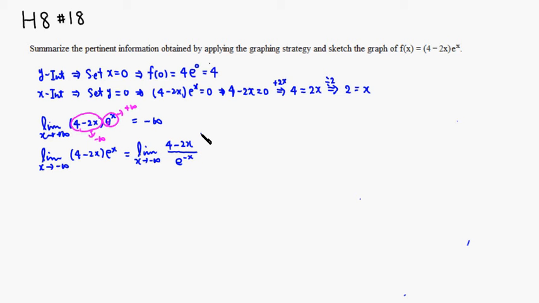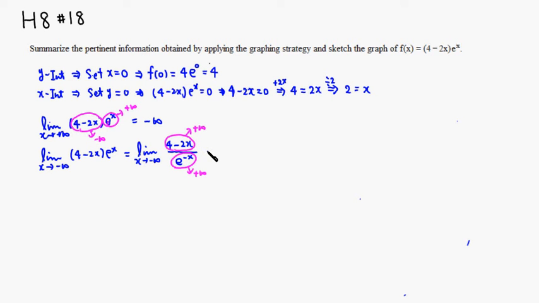Then as x approaches negative infinity, the top, 4 minus 2 times negative infinity, means you're adding positive infinity, so it approaches positive infinity. And the bottom: x goes to negative infinity, but there's a negative sign in front, so it's e to the positive infinity, which is positive infinity.